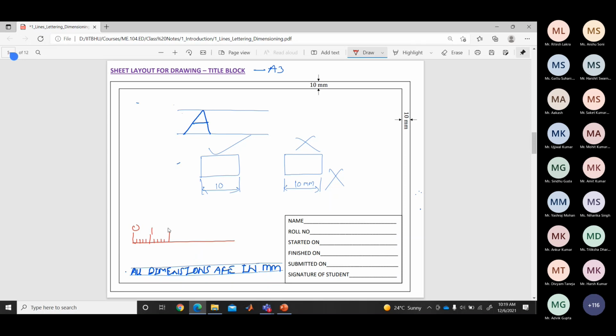We draw this actual scale on the drawing sheet. In that case, even if the drawing paper shrinks, the scale will also shrink. So the ratio between the actual dimension and the dimension on the drawing will remain constant.